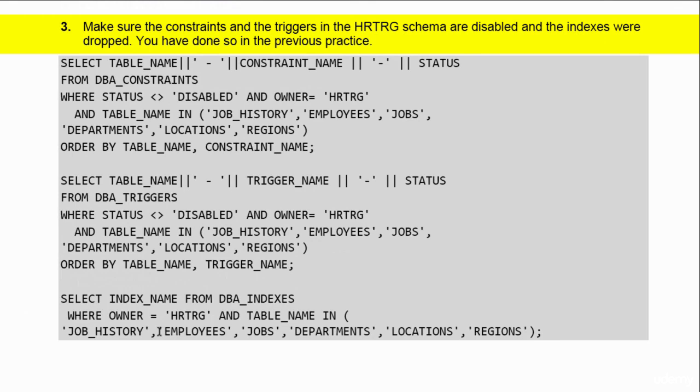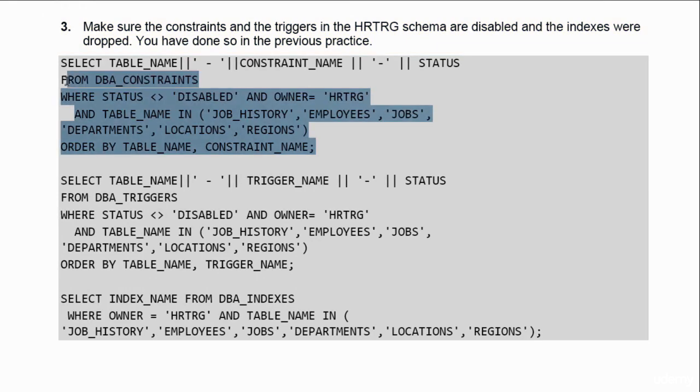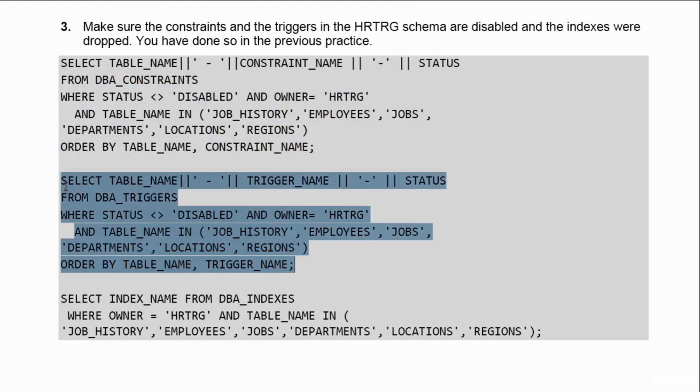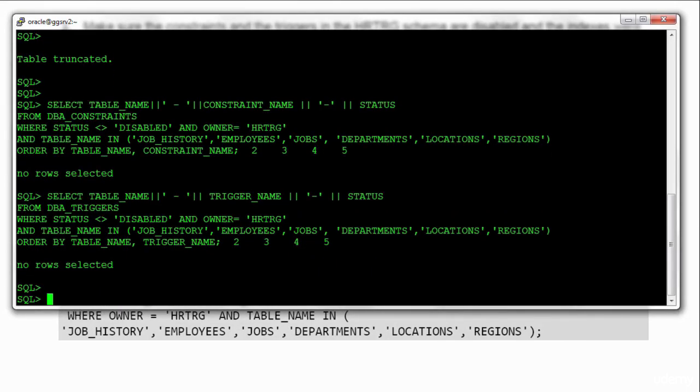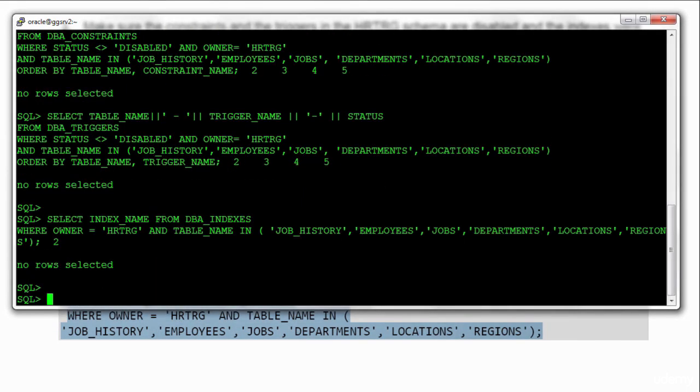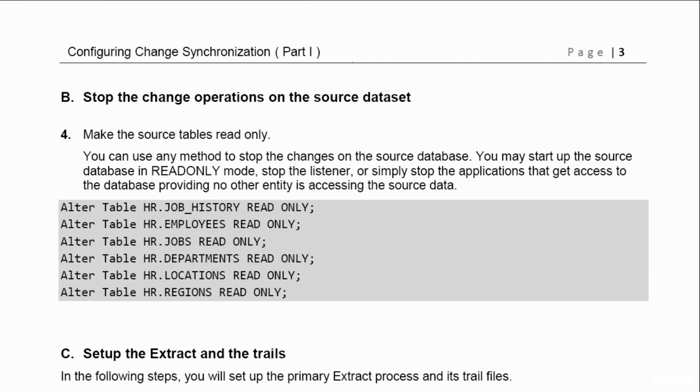You can refer to the document of the previous practice to obtain a copy of the code to disable the constraints and the triggers in the target database. Now make the source tables read-only. This is a simulation of stopping the application from making changes on the database.